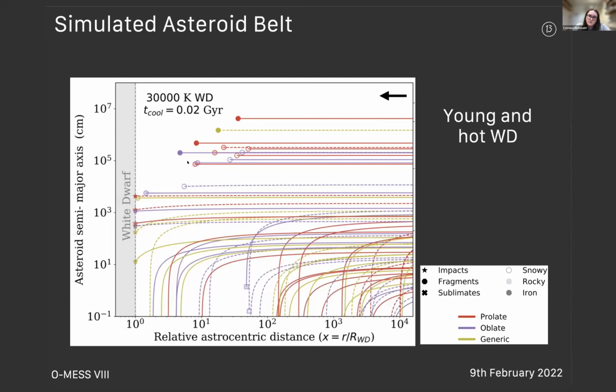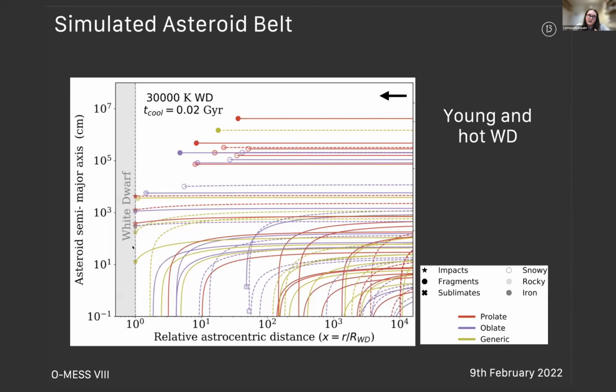These circle markers here indicate that large bodies are fragmenting. So basically any body that's larger than 100 meters, regardless of the material it's made of, will fragment. And you can actually see the diagonal lines that were present in the previous plot in these results for our simulated main belt asteroids here.